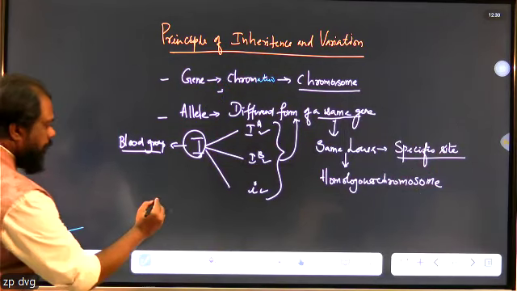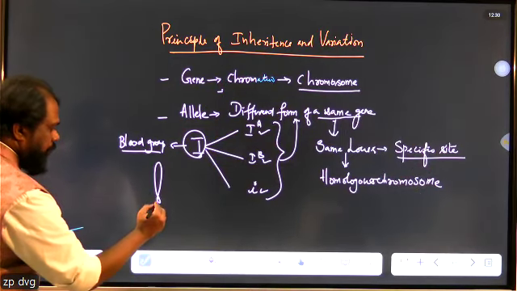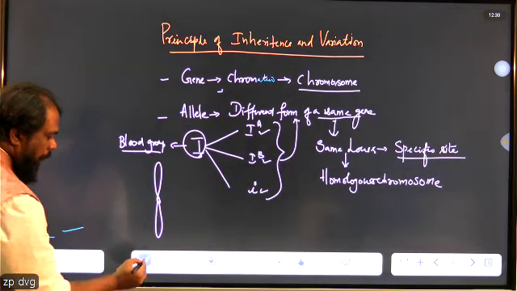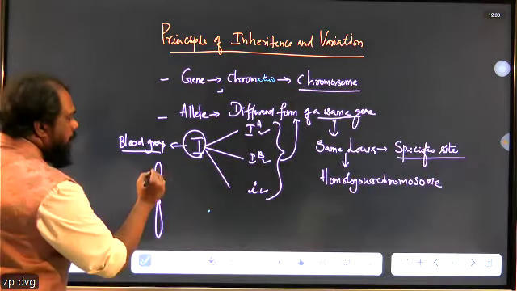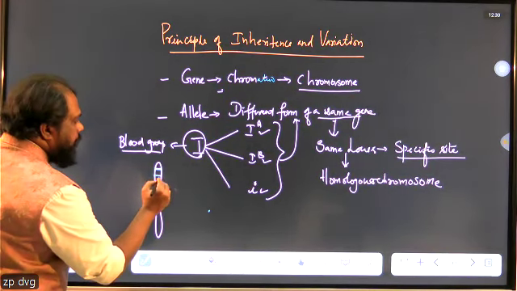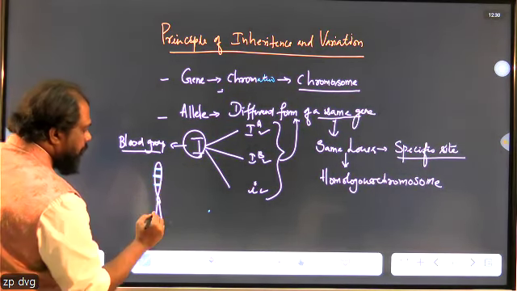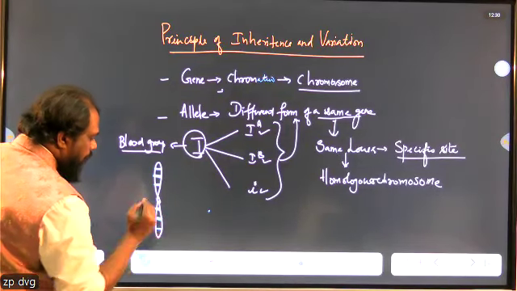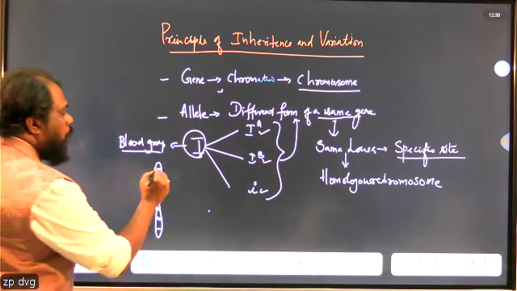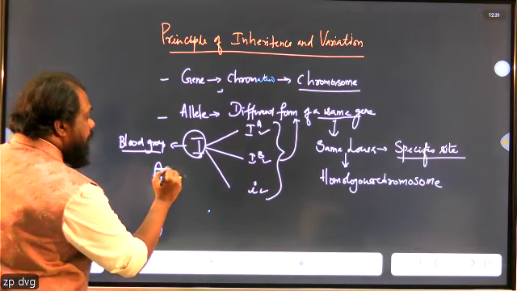For example, imagine this is the chromosome with a chromatid. Imagine they have certain areas. Why is this area very special? Because this area consists of a gene.